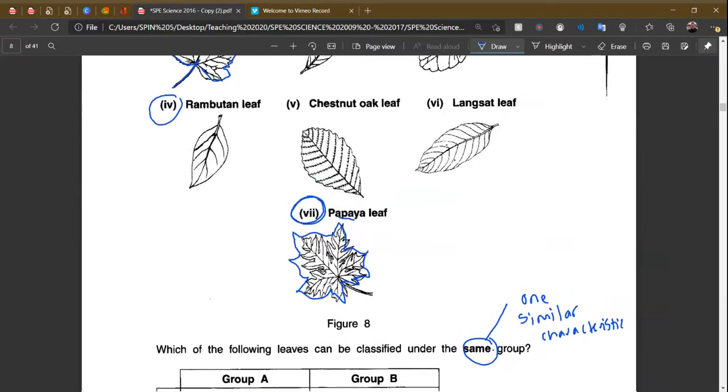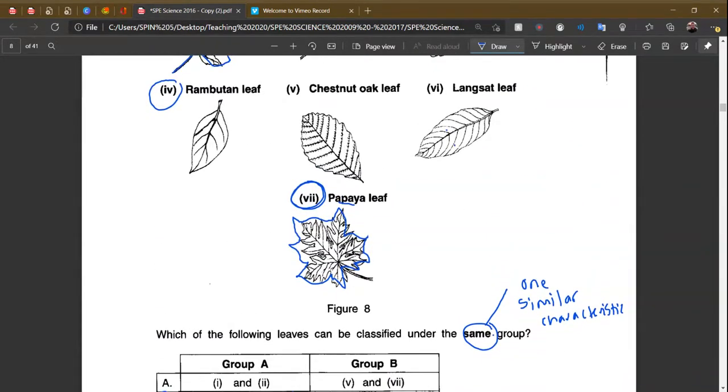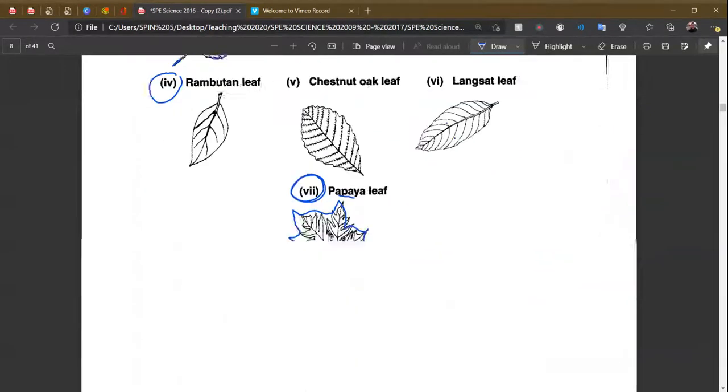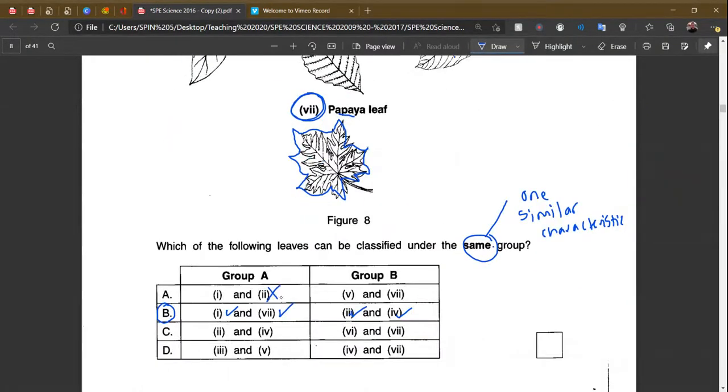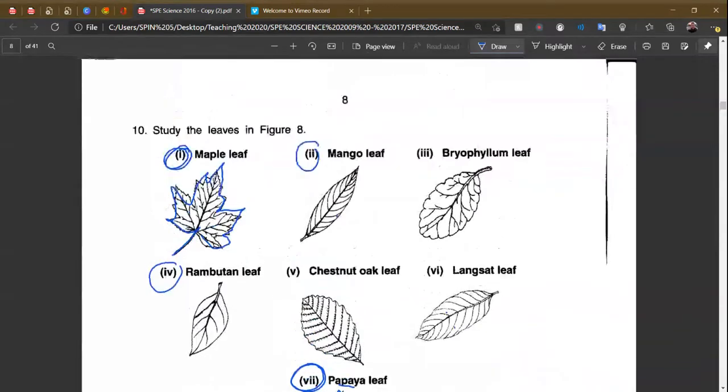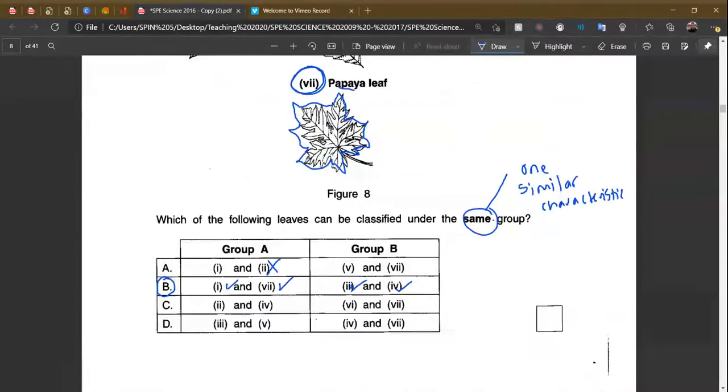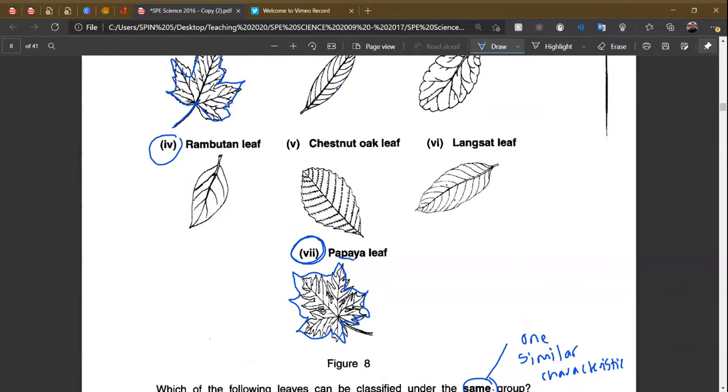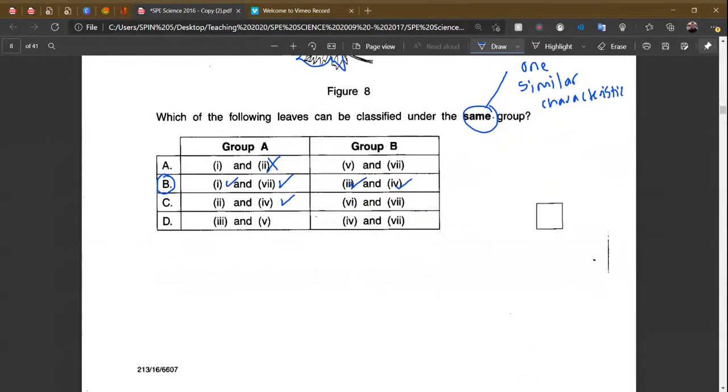Let's just double check. The first one, A, 1 and 2. 1 and 2 is totally different, so this one is out. 2 and 4, that one is accepted. But let's look at the choices, the second choice, 6 and 7. 6 and 7 is totally different from each other, so that one is out.